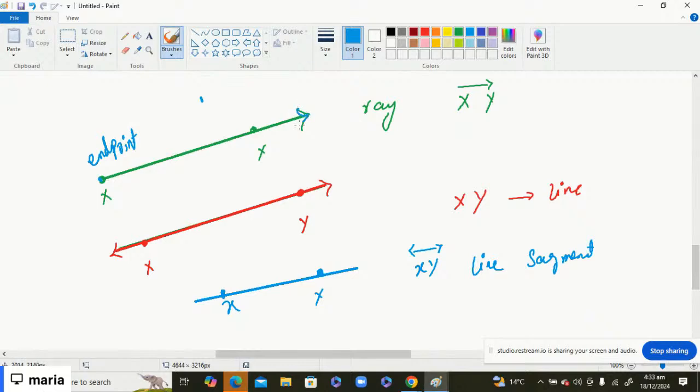Now from here it's moving. The line has no ending point on both sides, it's moving. And the line segment has two endpoints, two endpoints, okay?